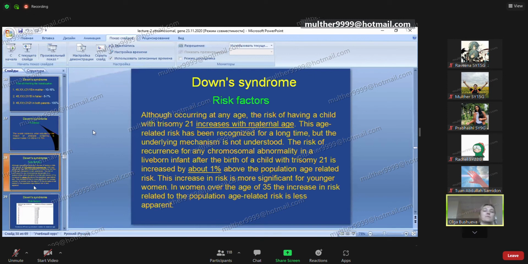Risk factors for Down syndrome are maternal age. On the previous slide, you could see that after 35, 36 years old, the incidence of Down syndrome will be increasing.